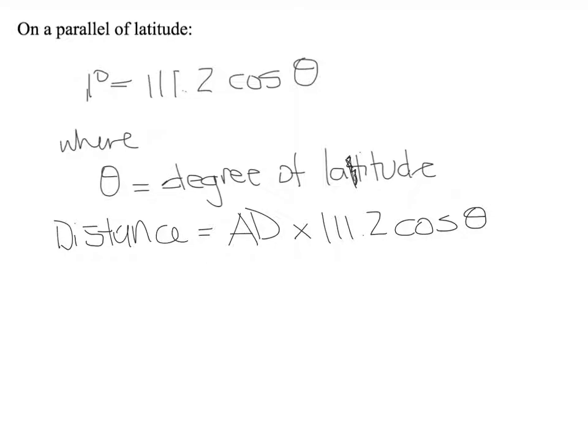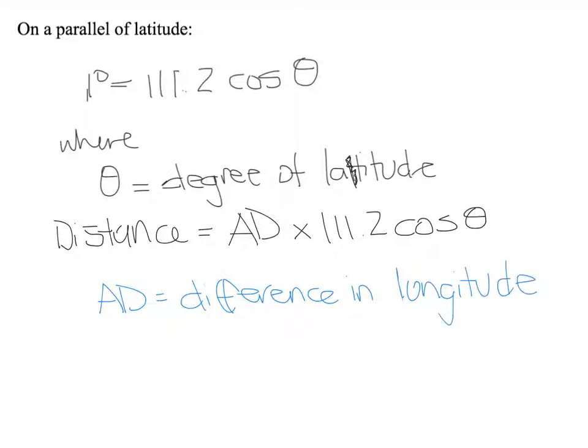Now you need to remember that that angular distance is actually the difference in longitude. Now, do remember that your latitude is your north-south, longitude, east-west, east-west.